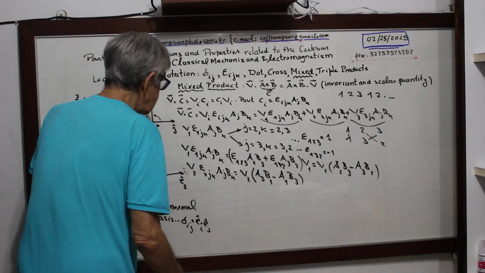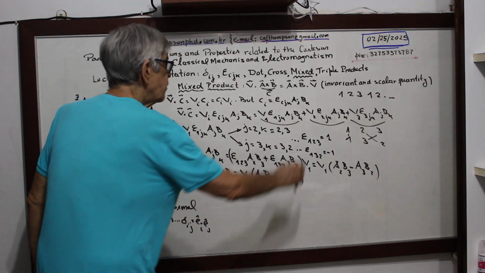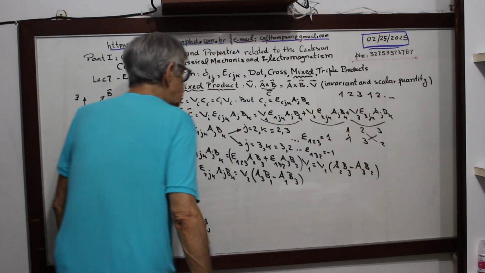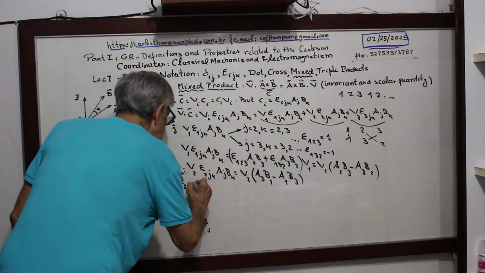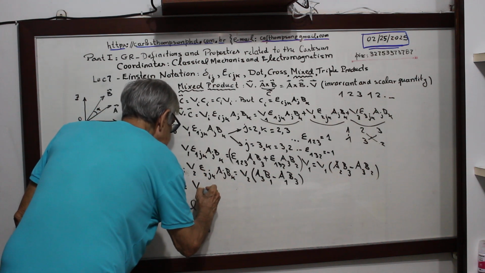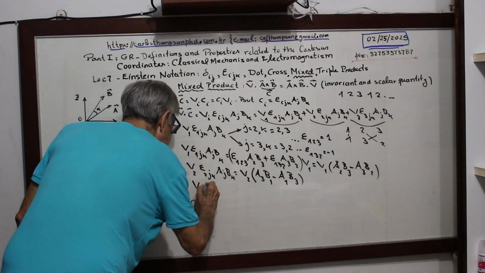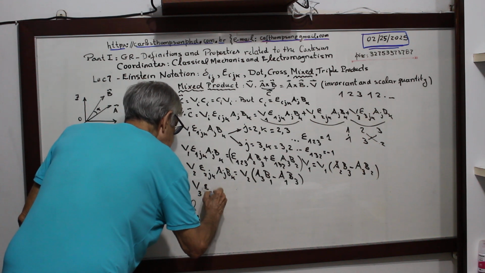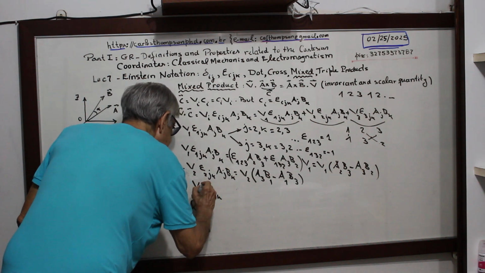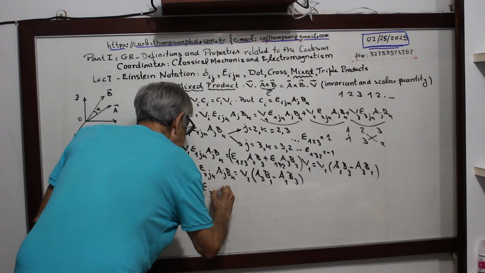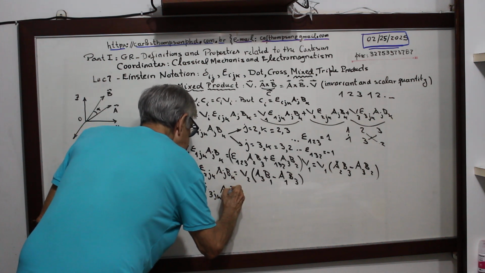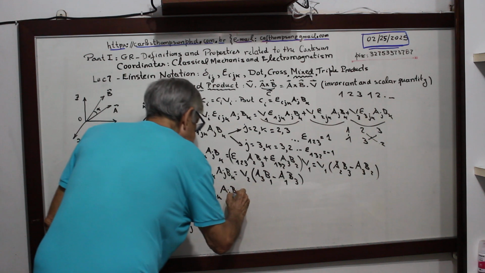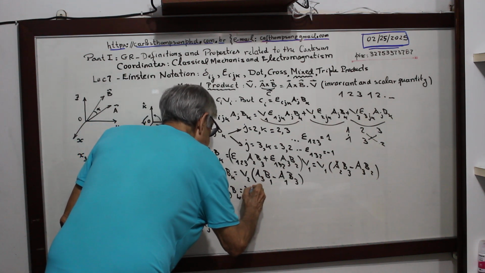Quite easy, just a permutation. And the third term, v3 epsilon_3jk a_j b_k, is equal to v3 times (a1 b2 minus a2 b1).